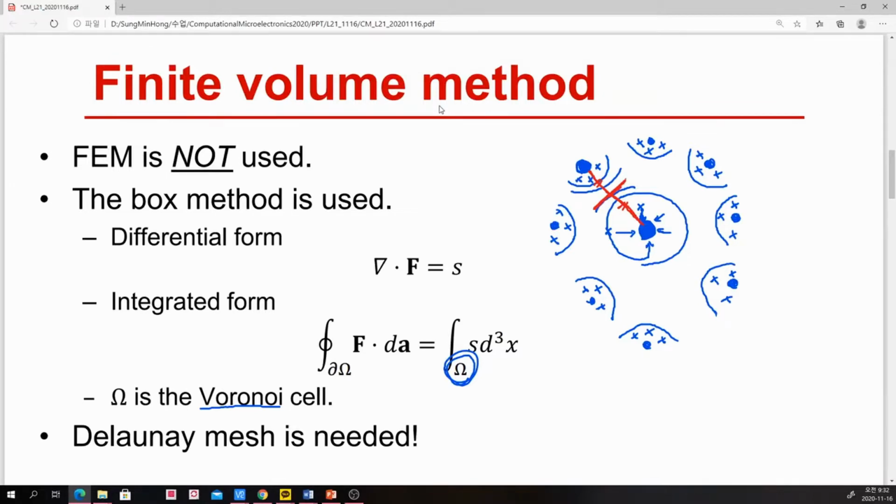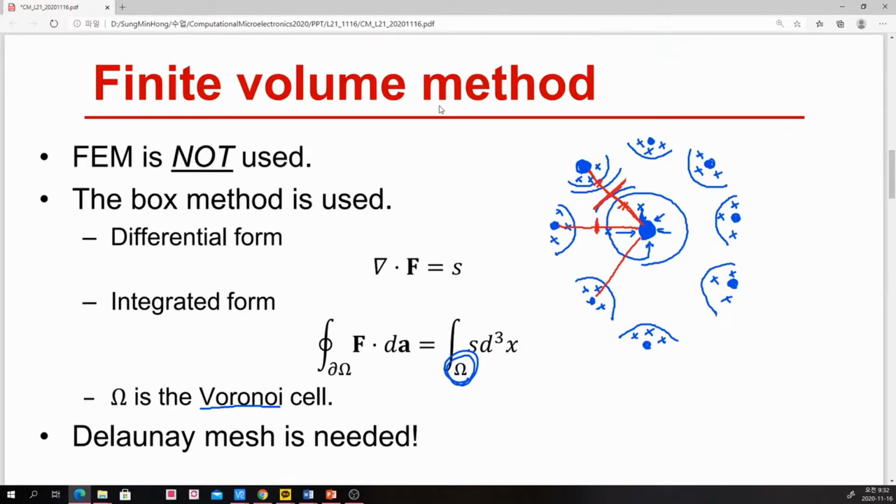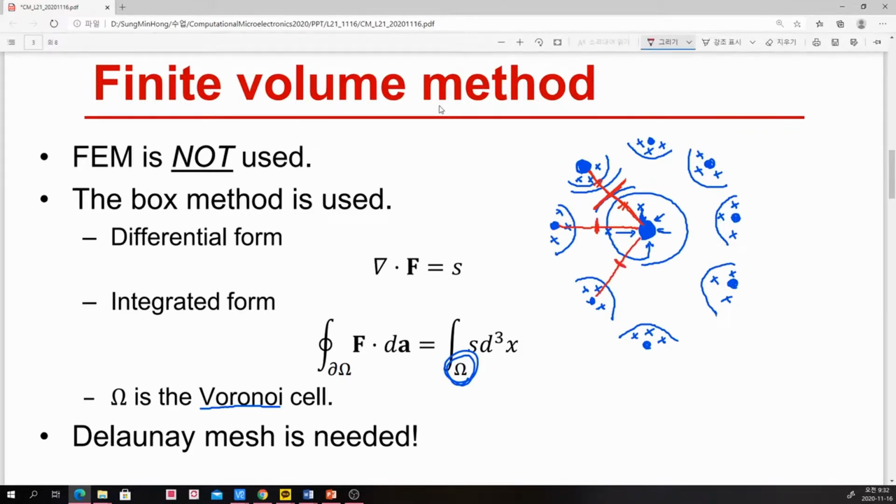The relation also holds between two different nodes. For example, if we have two different nodes and connect them, the midpoint will be the starting point for taking the boundary.